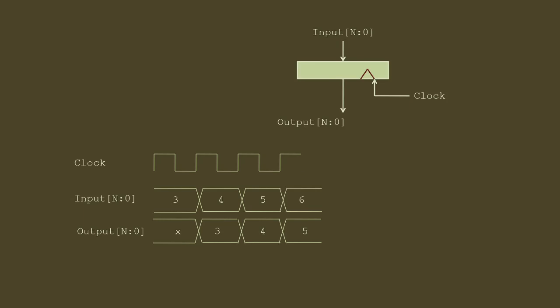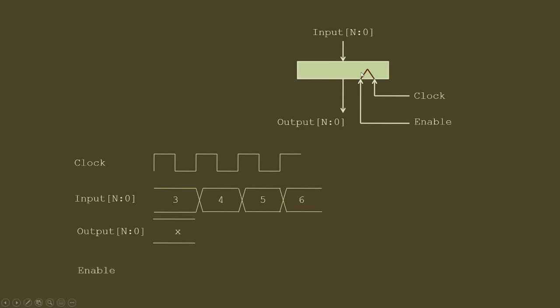We often call it that the value is latched in that register. Similarly, very often we use another signal called enable with the register. What enable does is that the register will work only when this enable signal is on.